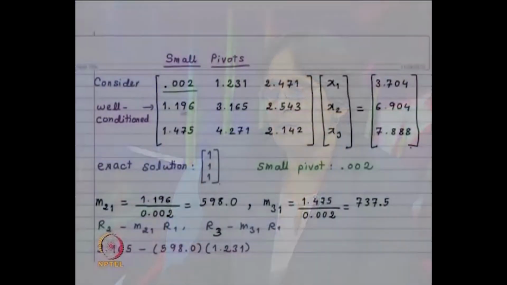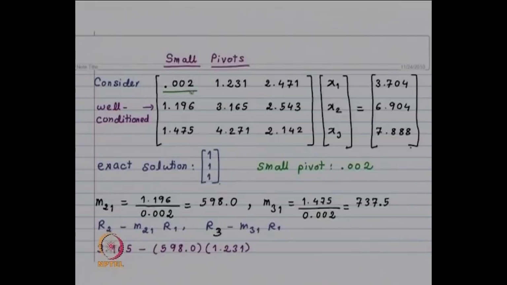For this example, in order to illustrate, we will assume that we have 4 digits available, and we will see that this number 0.002 is a small pivot. It is non-zero, so I can very well do the Gauss elimination method, but this small pivot is going to create a problem, and your well conditioned matrix in the second step becomes ill conditioned. This is what we would like to avoid.